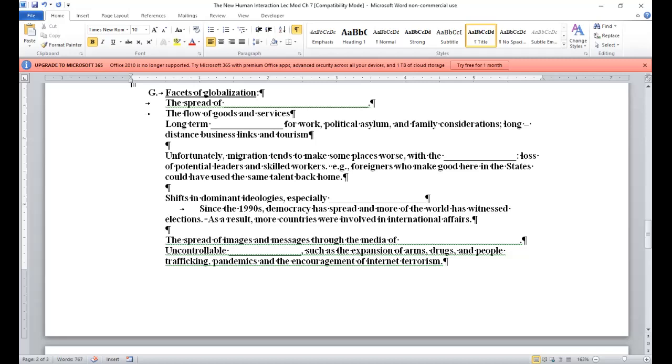There are uncontrollable negatives, such as the expansion of arms, drugs, diseases, and people trafficking. And you have the encouragement of internet terrorism. Some of the effects on our lives: the clothes we wear, the toys our kids play with, the doctors who tend us, access to worldwide news at our fingertips via the internet.